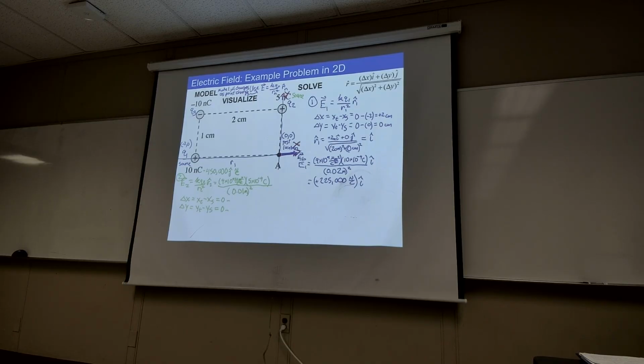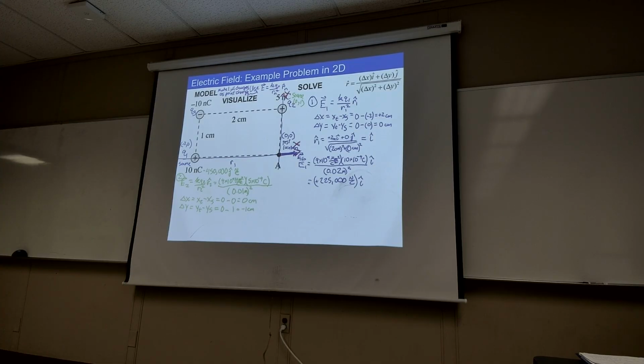What are the coordinates of Q2? Yeah, 0 and 1, thanks. Okay, so we can stick those in here, 0 and 1. And so we subtract, we get 0, and we get negative 1.